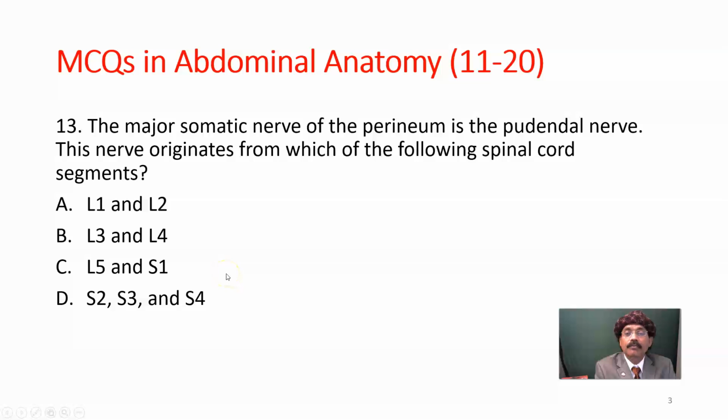What is the answer? Answer should be S2, S3, S4. So these are the root value for the pudendal nerve. It is getting contribution from these segments of the spinal cord, S2, S3 and S4.